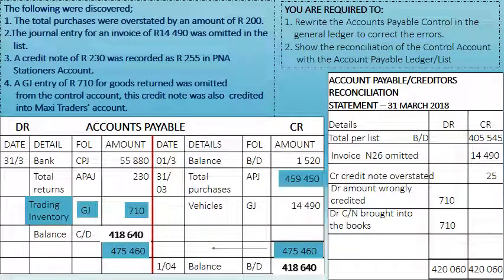Calculate the balancing figure, which will represent the closing balance of the accounts payable. We will therefore balance off the reconciliation by showing the balance as per control account in the general ledger, and the reconciliation balances with the same amount of 418,640.